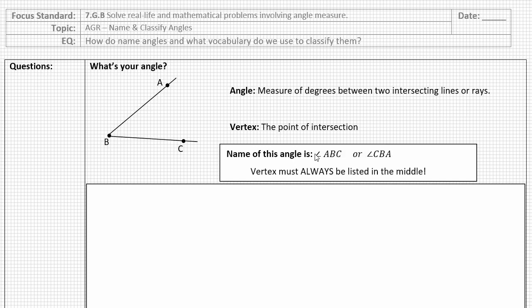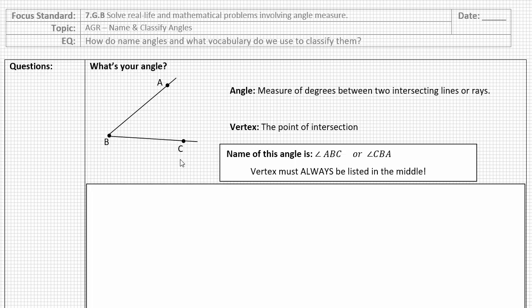When you are naming angles, you use this symbol for angle, and then the vertex point must always be listed in the middle. So it doesn't matter if you go from the top to the middle to the bottom outside, or you start from the bottom outside into the vertex and out, as long as you always list the vertex in the middle. So that's a couple of key things about angles and naming angles.